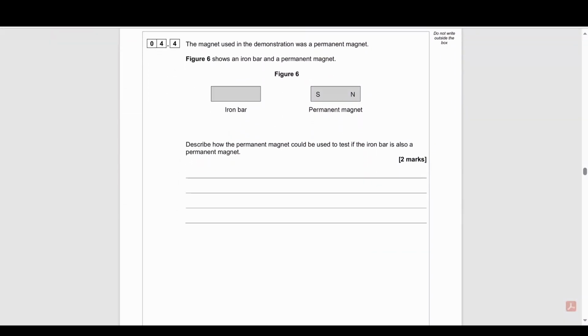Question 4.4. The magnet used in a demonstration was a permanent magnet. Figure 6 shows an iron bar and a permanent magnet. Describe how the permanent magnet could be used to test if the iron bar is also a permanent magnet. Well, if we look at our permanent magnet now, it's got the south pole identified and the north pole identified.